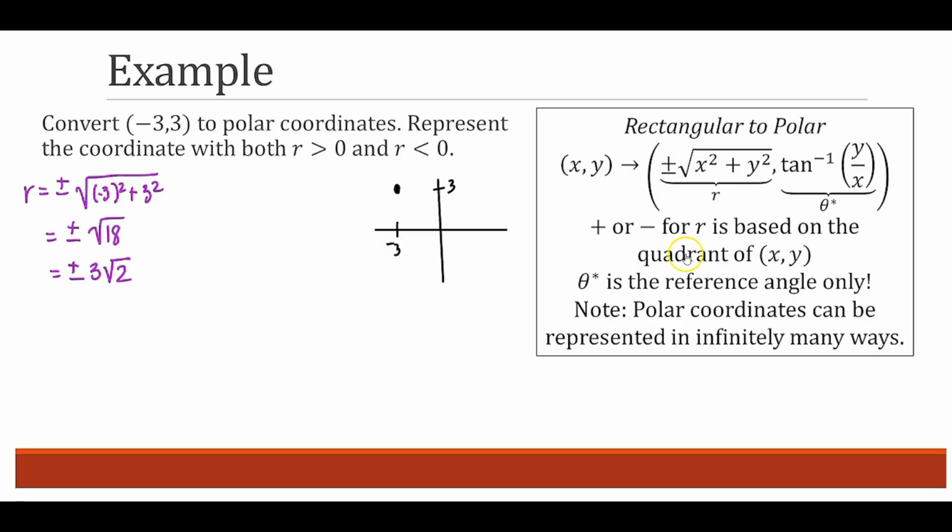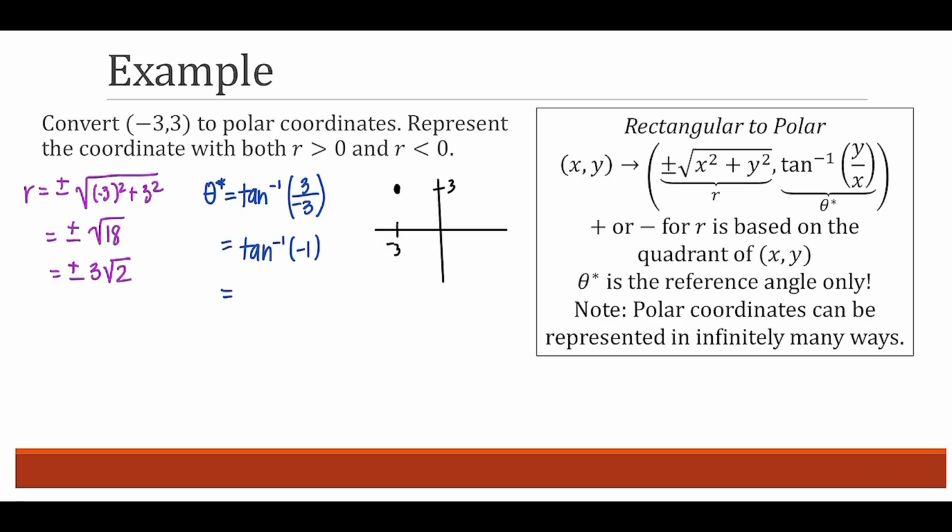And now I'm going to go ahead and attempt to find what I'm calling theta star, the reference angle. So we're going to do tangent inverse of y over x. So I'm going to go ahead and do theta star is tangent inverse of the y value 3 over the x value -3, or tangent inverse of -1.